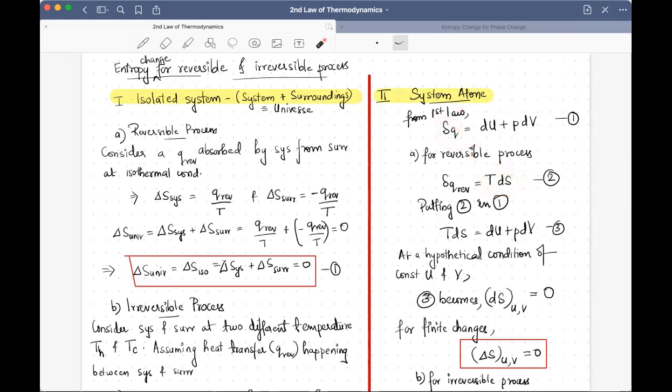So we will get TdS equal to dU plus PdV.